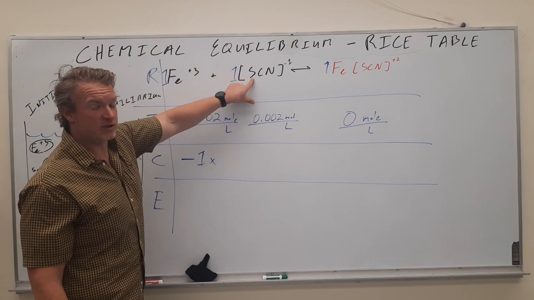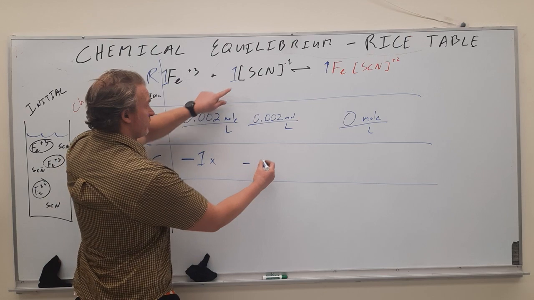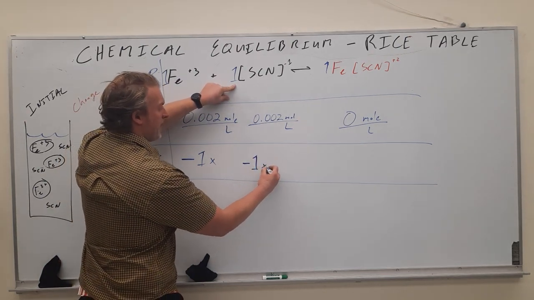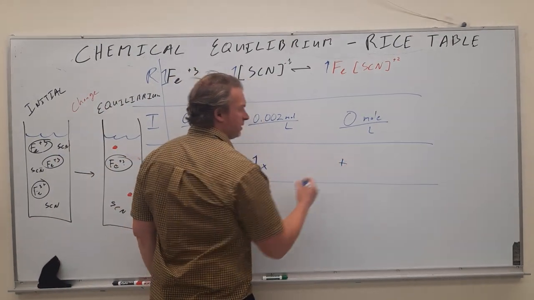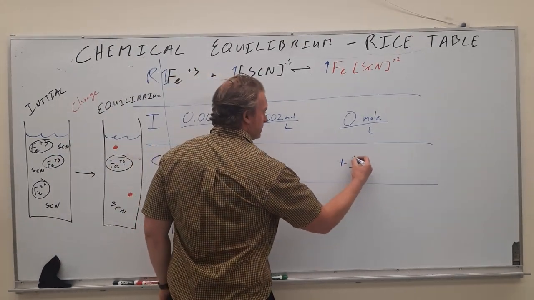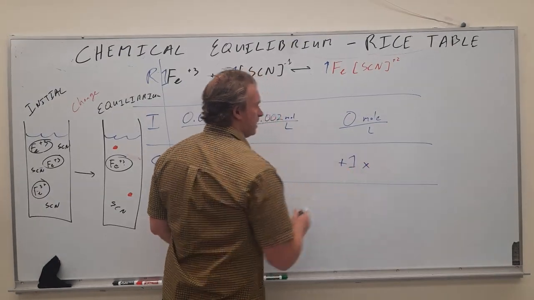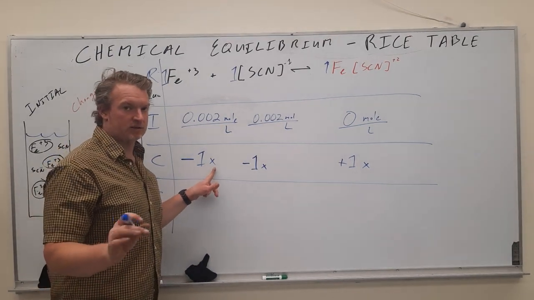This reactant is also going to go down with respect to the balanced chemical reaction some amount. The product is going to go up with respect to the balanced chemical reaction some amount. So each of these symbols here represents a logical aspect.